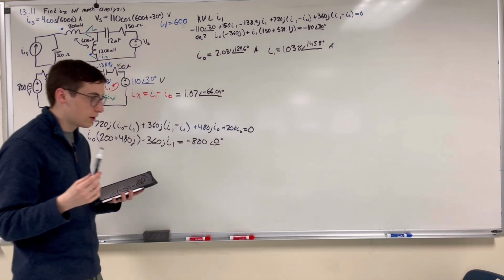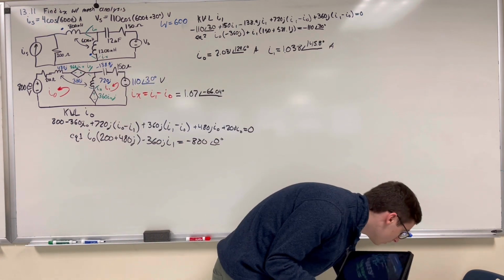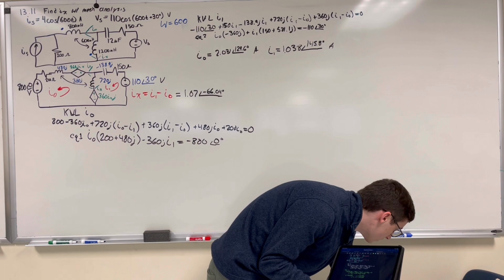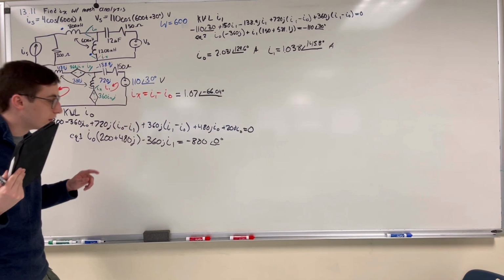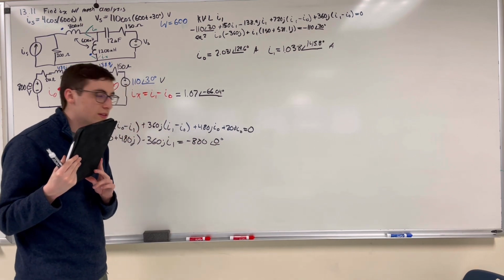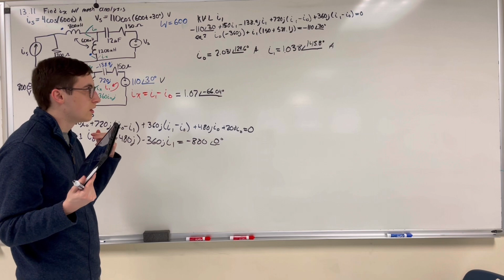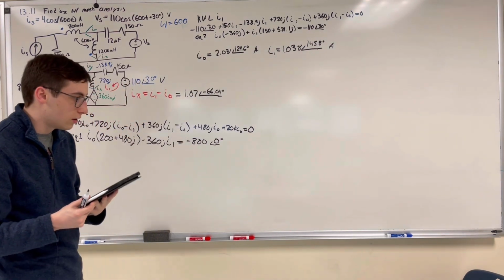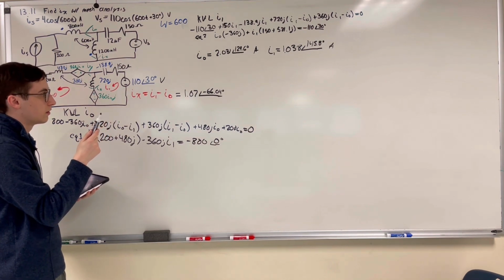And I'm pretty sure that's the right answer. I think in the slides, the answer is 1.1 with the phase angle of negative 65. I think that's close, 65.8. I think that's close enough. It's just rounding errors because I probably kept the longer decimals in the calculation. So I'm pretty sure that's the right way to get it.